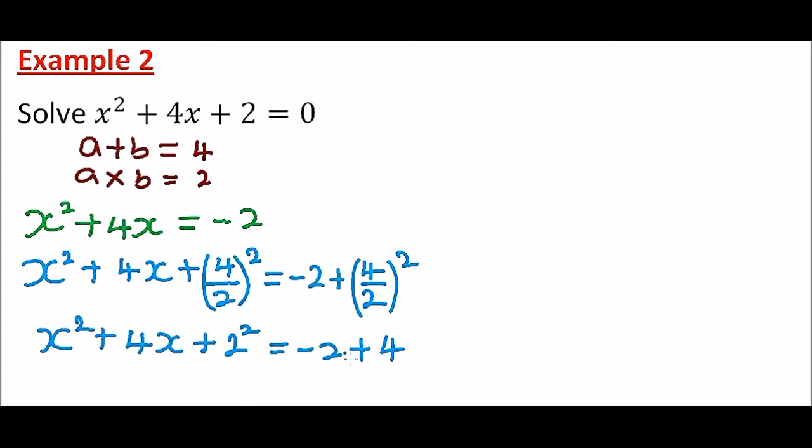Now we get the factors: we take 1x here and 1 2 there, so we have x plus 2 in brackets squared, the perfect square for the left hand side, is equal to minus 2 plus 4, that will give us positive 2.